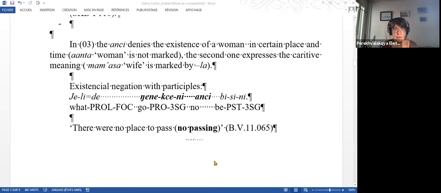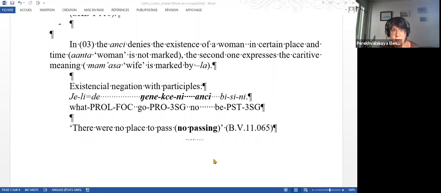So existential negation has a very wide range of usages. Here there is an example where it is used with a verbal form that is a participle. Well, in Udihe, like in other Tungusic languages, these participle forms are very widely used as predicates, but here it must be considered a real participle.